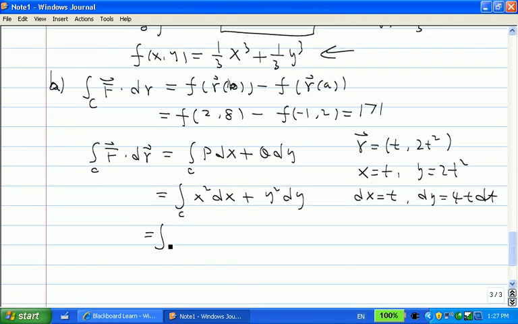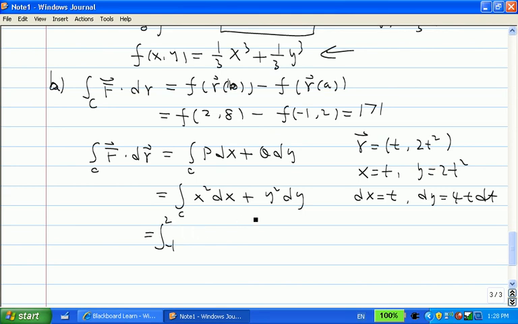t equal to minus 1 gives you the starting point, and t equal to 2 gives you the end point.